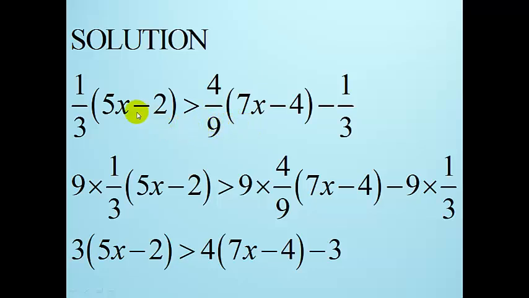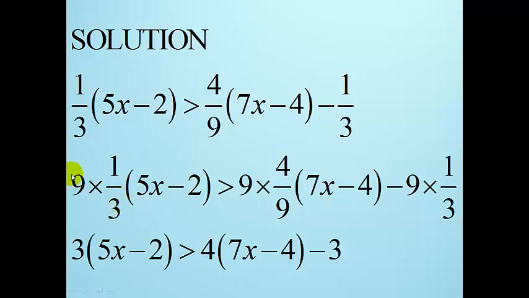So we multiply through by 9: 9 times 1/3(5x - 2), greater than 9 times 4/9(7x - 4), minus 9 times 1/3.